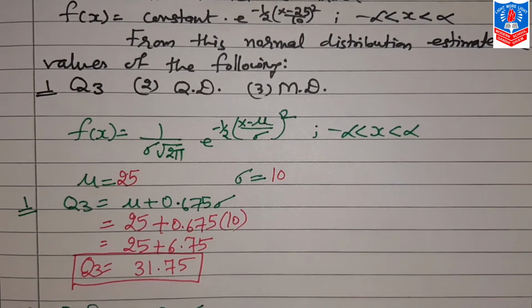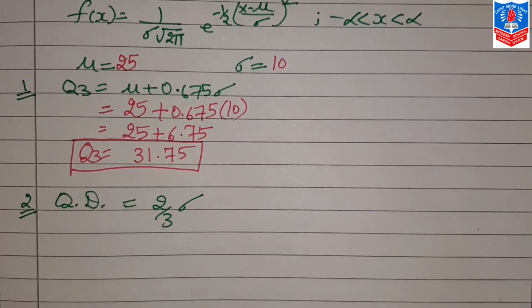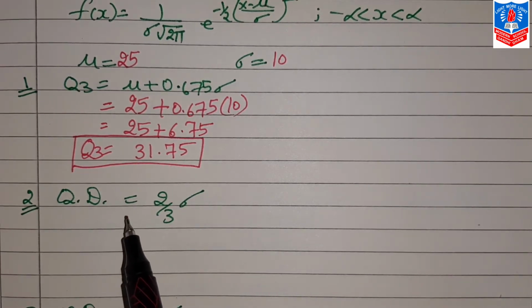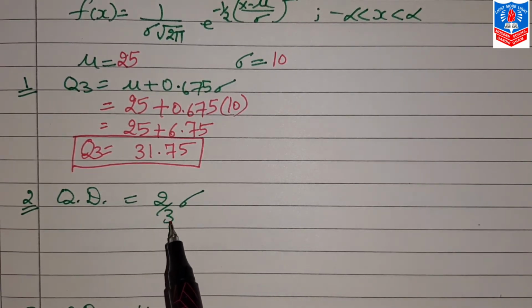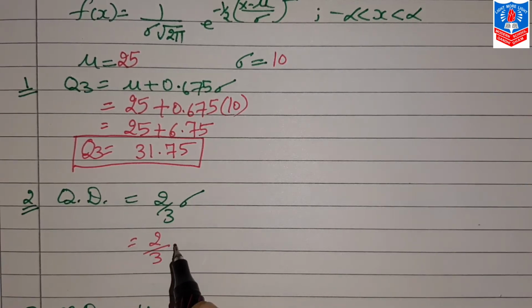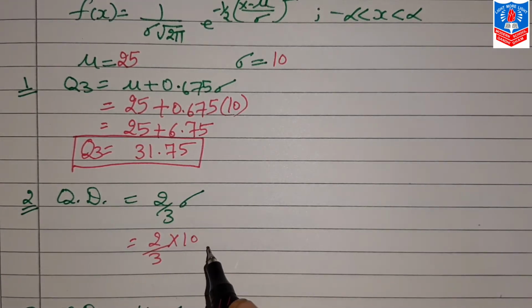So the third quartile value is 31.75. Now second, that is quartile deviation. Again in characteristics we had already done it: 2 by 3 sigma. Now the value of sigma is 10. So this will be 20 divided by 3.